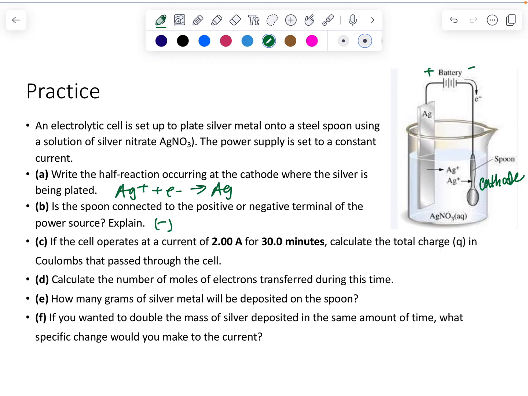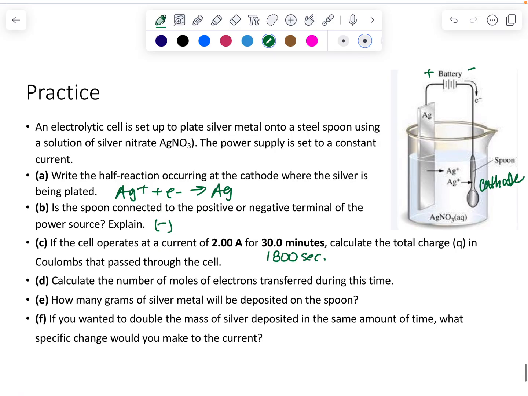It would be 60 times 30. So 1,800 seconds. So 3,600. Very good. So 3,600 coulombs.